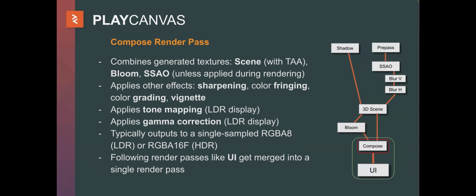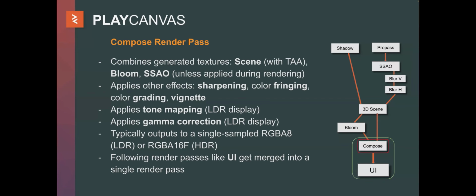And then at the end, when we have all these textures evaluated, scene rendered in texture, we have a compose pass. It combines all these textures that we generated and applies many other effects, like sharpening, color fringing, color grading, vignette. If we output to LDR, it's going to apply tone mapping and gamma correction as well.